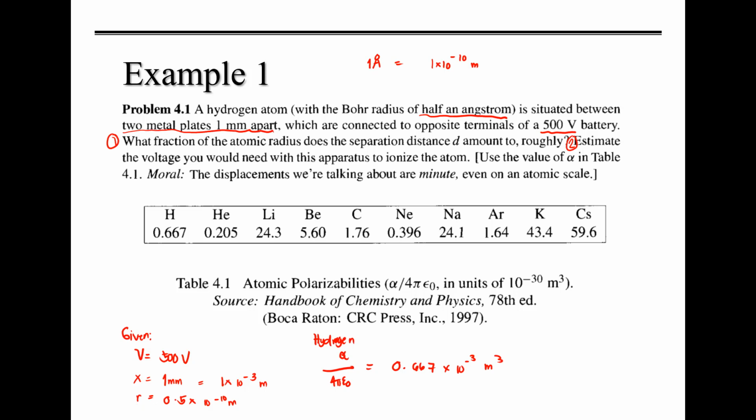What is the applied field, or the external field, that is applied to the hydrogen atom? Let us take a look at this. Our electric field is coming from the apparatus. We have two metal plates connected to a 500 volts battery. So that is the source of our electric field.